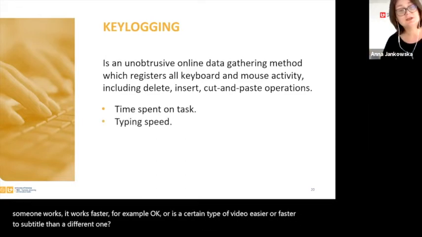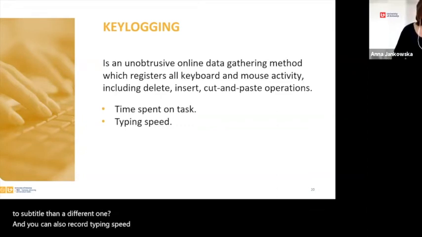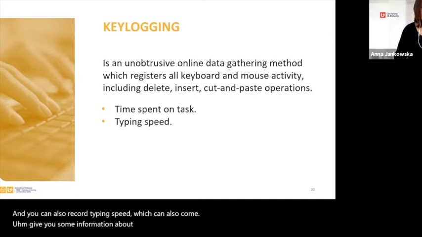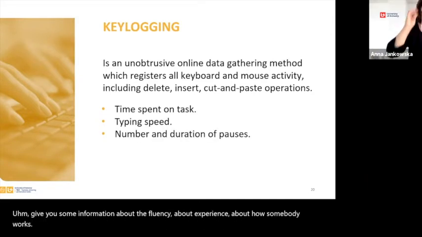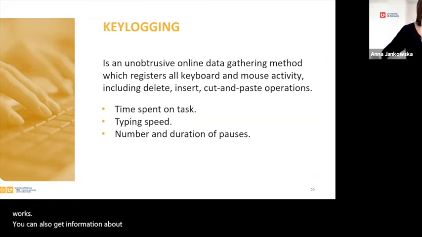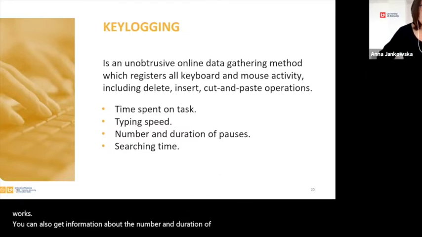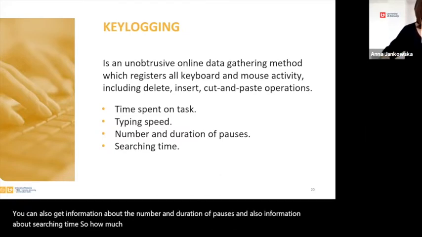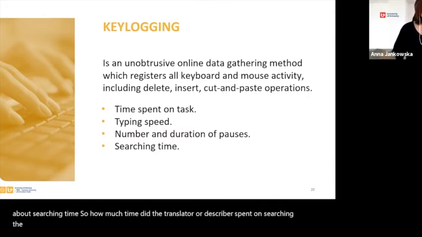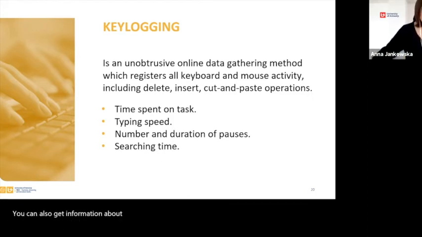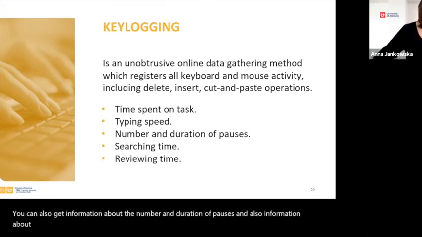You can also record typing speed, which can give you some information about fluency, about experience, about how well somebody works. You can also get information about the number and duration of pauses, and also about searching time. So how much time did the translator or the describer spend on searching the internet? And then you can compare it between different describers. That's nice, right? You can also get reviewing time.